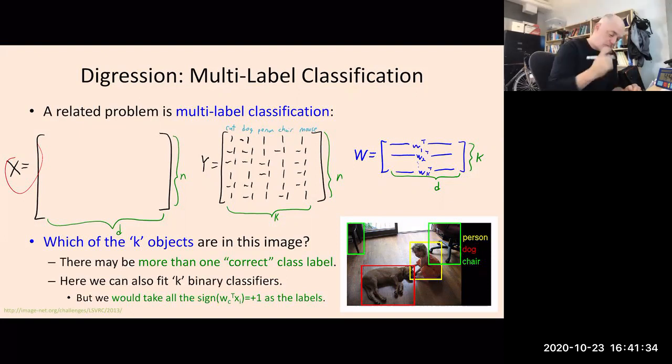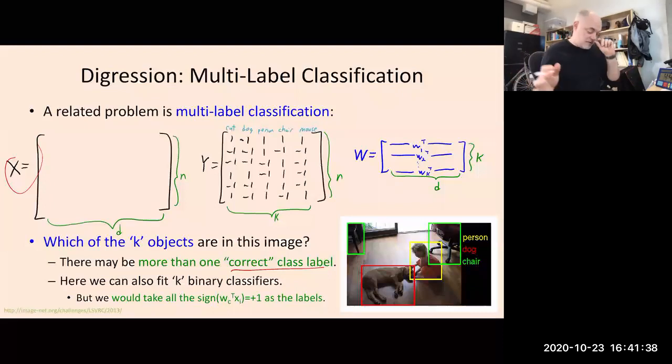So basically there can be more than one correct class label. You could arrive at this situation when you're doing regression rather than classification. Here we could also fit k binary classifiers, but we would take the sign of each one of them as an independent label. Right? So you can have multiple objects, for instance, in an image, and each one of them would trigger, and that would be fine.